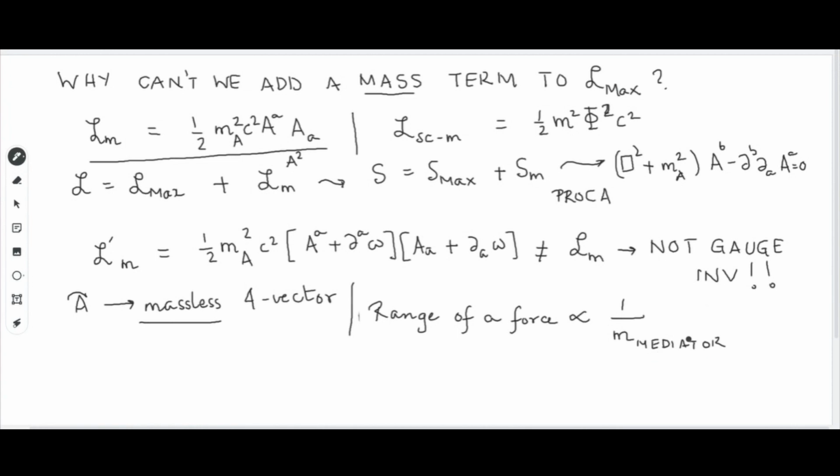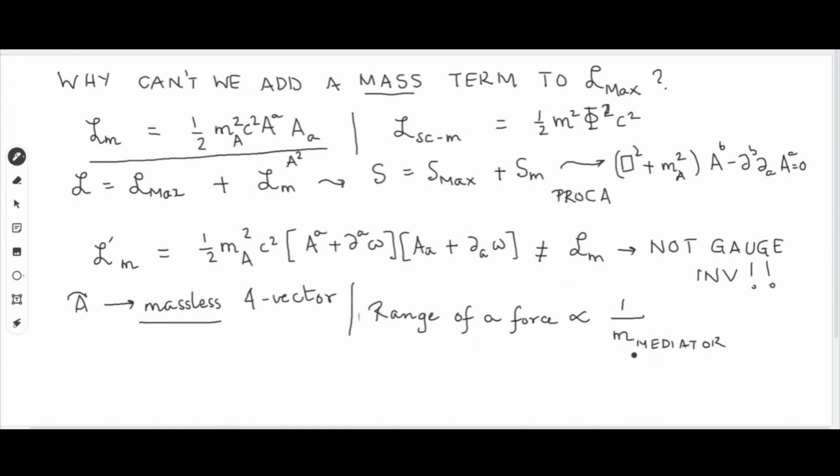It's a long range force, and therefore the mass of the mediator, I have not proved this relation, I have only pulled this relation out of quantum field theory. The way to show this would be done later on. But if this is true, then this is consistent with the fact that electrodynamics, being a long range force, couldn't possibly have a mediator field like a photon field or the electromagnetic vector potential, which carries a mass. The mass must be 0.